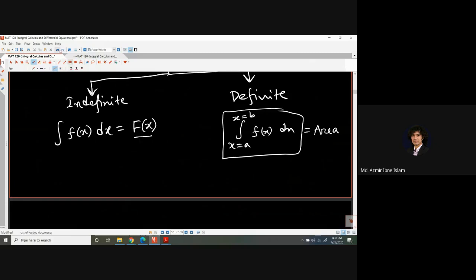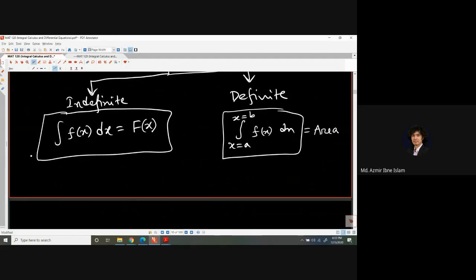Is that okay? So you can see that there is no lower limit and upper limit here. So that's why the limits and bounds are not defined. We can't be sure where we have to start and where we have to stop.